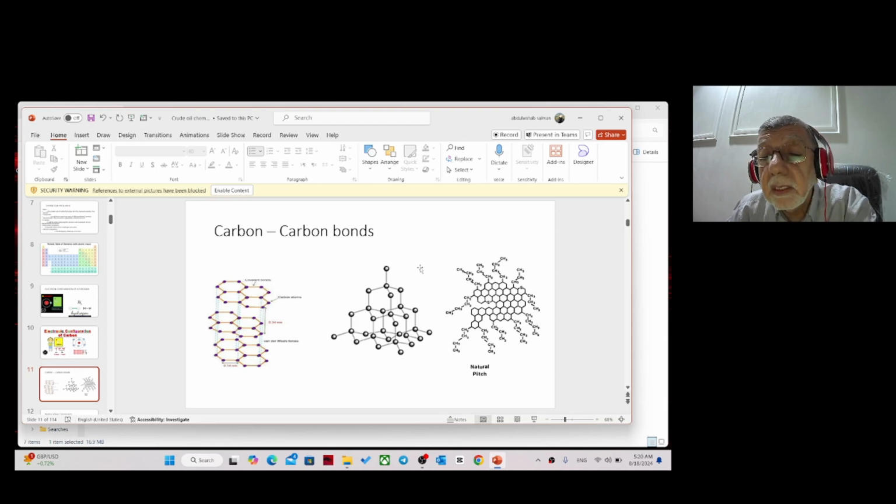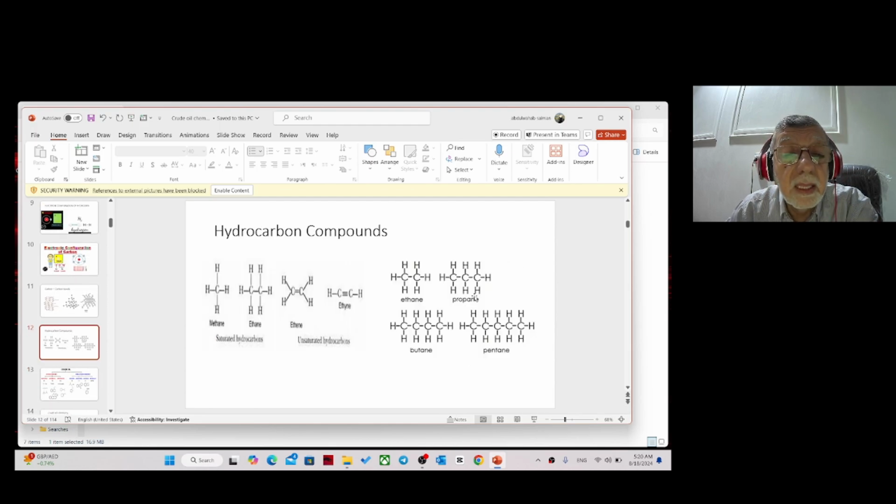Here there is carbon-carbon atom and there is carbon-hydrogen bond. There are hydrogen-carbon bonds and carbon-hydrogen bonds, which compose this complicated structure, which is natural pitch. There is a simple structure, not like this.